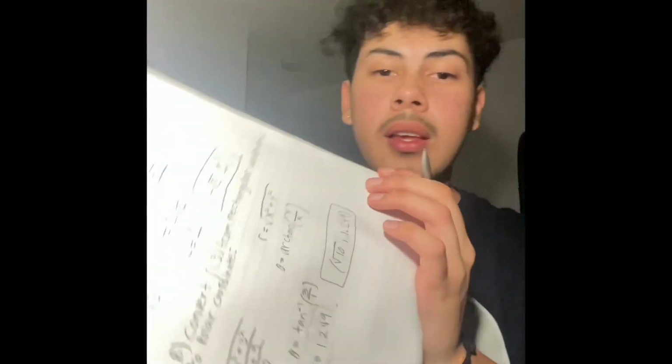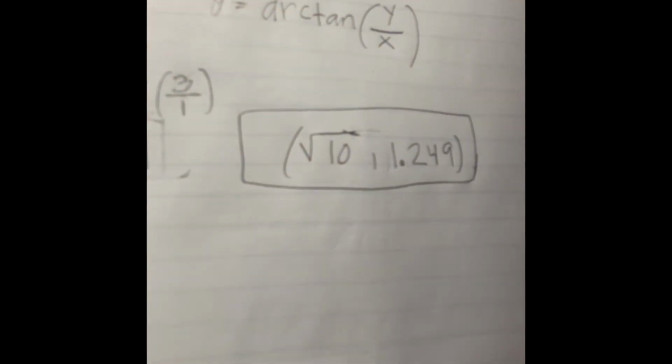Now that we have r and theta, we could set up our polar coordinates. So we're gonna have square root of 10, and then theta is 1.249. And those are our polar coordinates.